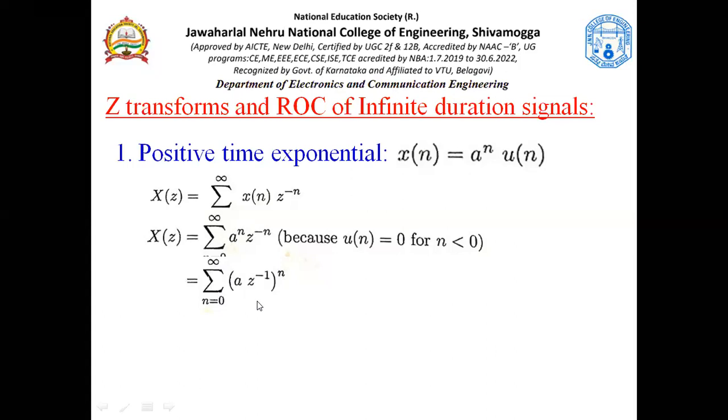The reason is this. See here, this is the standard summation. You need to remember this. Unless you know this standard summation, it would not be possible to solve this particular summation. You cannot just say it's a to the power 0 z to the power 0 plus a into z to the power minus 1 to the power 1.